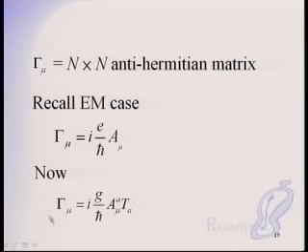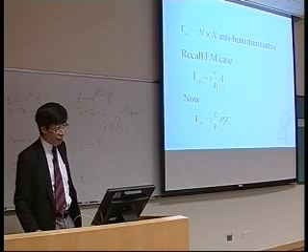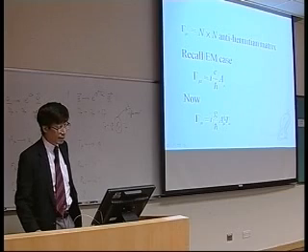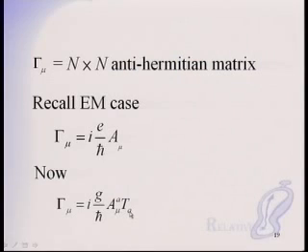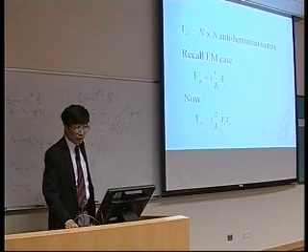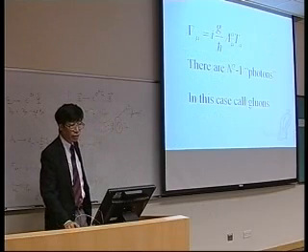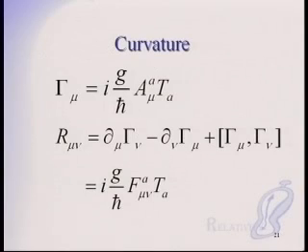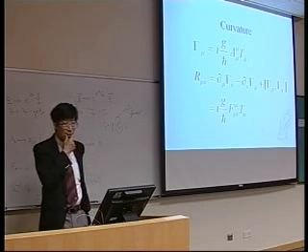So here, gamma mu, which is a matrix, is also represented in terms of the vector potentials, where now the vector potentials carry this internal index. Okay? So as many little a's as there are basis matrices or generators T sub A. So there are the N squared minus 1 gluons. I think that's where we were last time. So there are N squared minus 1 photons or gluons. Did we do this last time? No. Okay, so that's where we were.